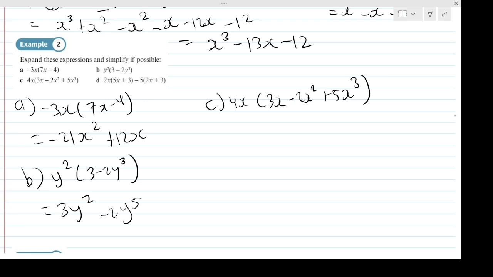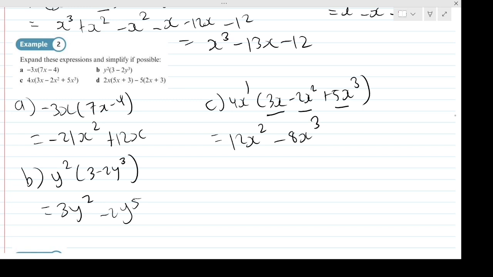So we're going to times the number outside by every term inside the bracket. So we're going to have 4x firstly times 3x. That's going to be 12x squared. Then we're going to have 4x times minus 2x squared. That's going to be minus 8x cubed. Remember, 4 times minus 2 is minus 8. And then x times x squared is x cubed if you add them.